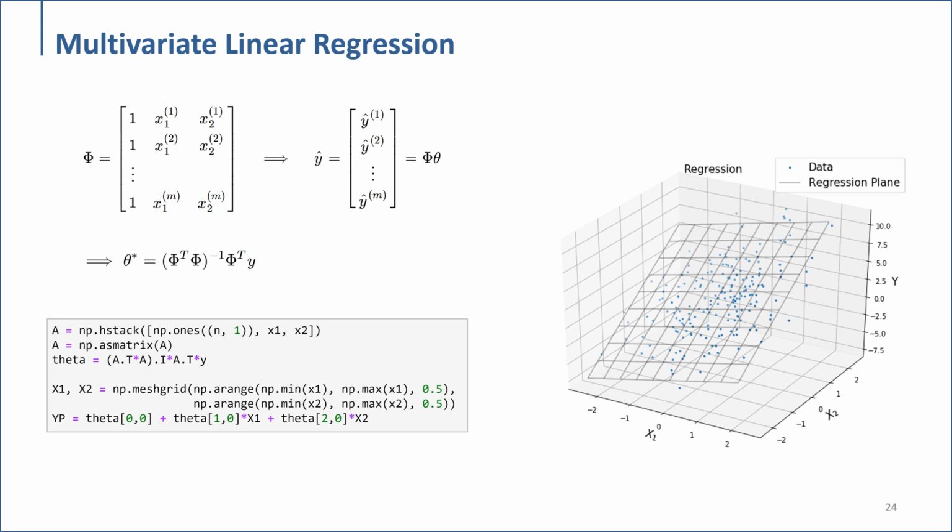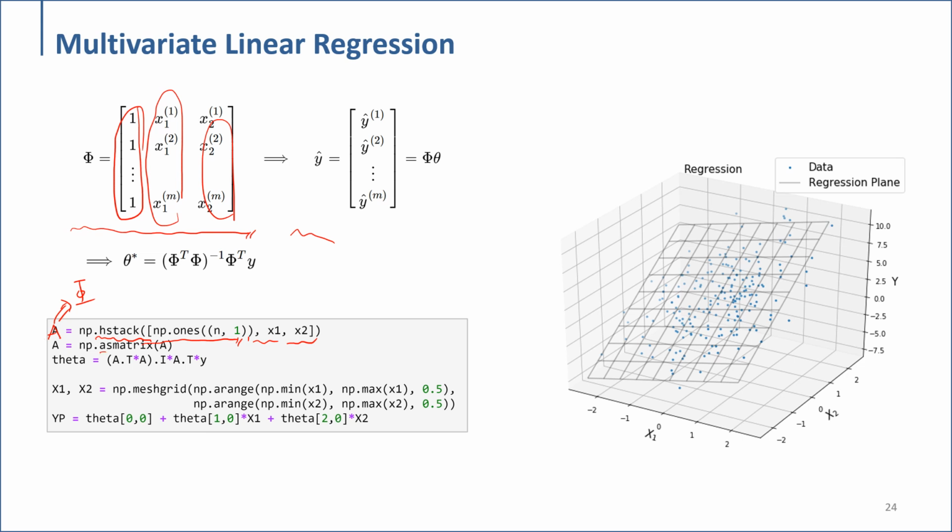So let's make a linear regression model using the multivariate data that we made in the previous slide. For that, we first need to construct the phi and y matrices. A is basically the same as the phi matrix. So let's horizontally stack the column vector of ones and the x1 and x2 data sets.